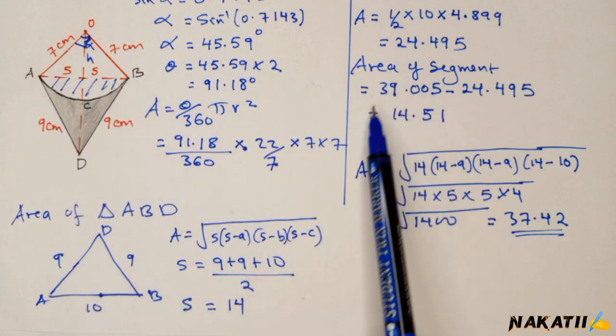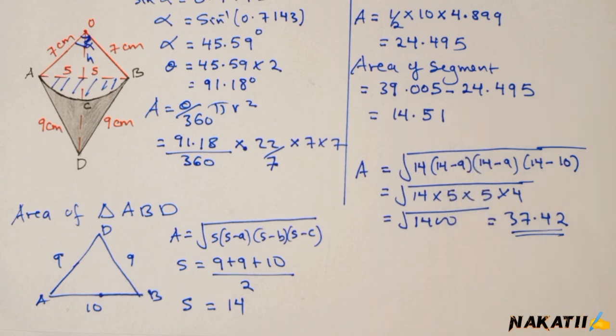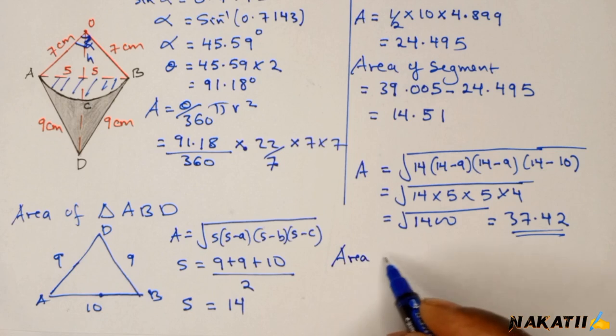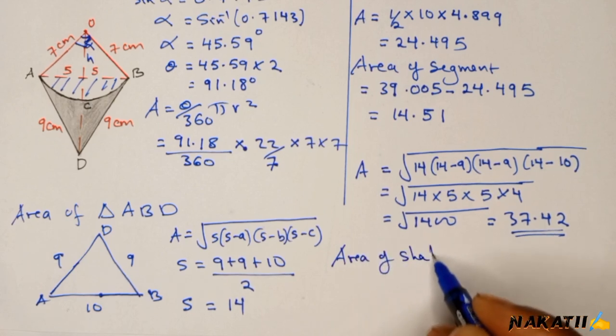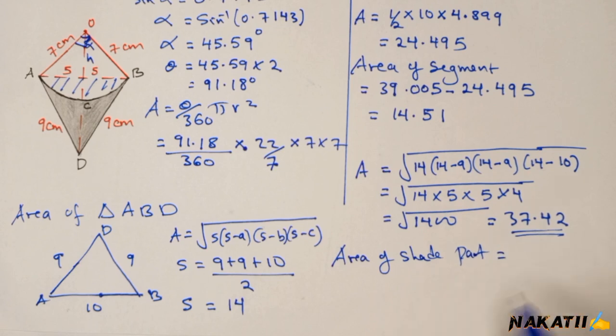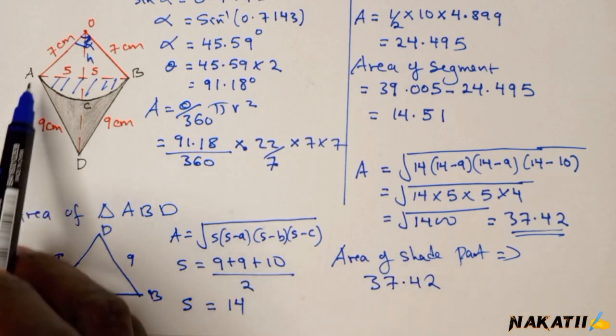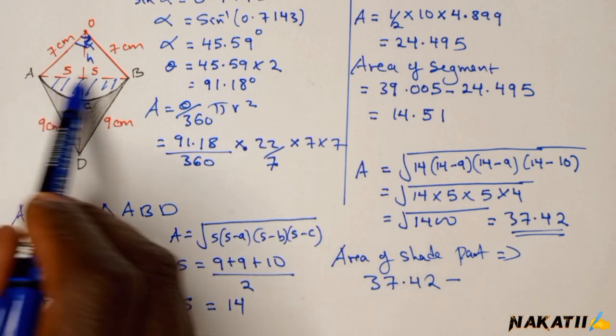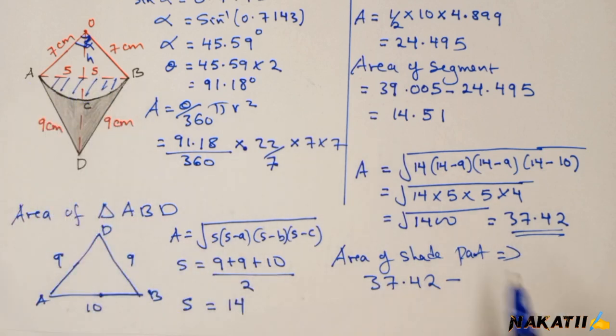We have found it to be 14.51, and therefore the area of the shaded part will be 37.42, which represents the area of this triangle, minus the area of this segment that I've shaded with blue.